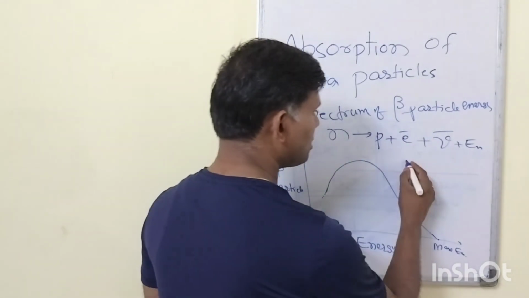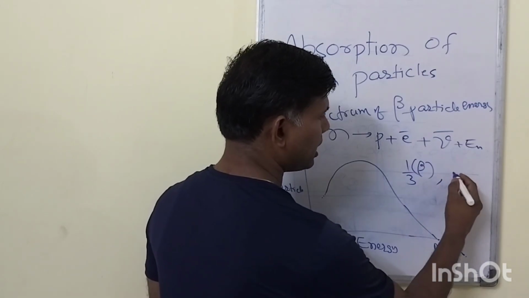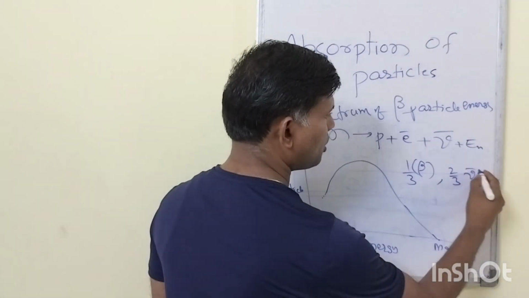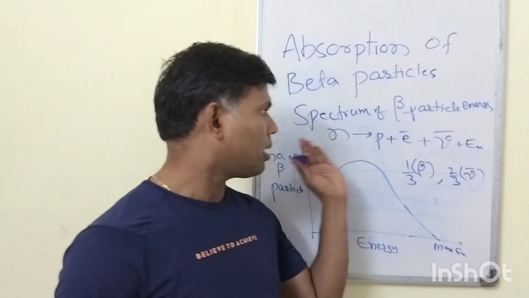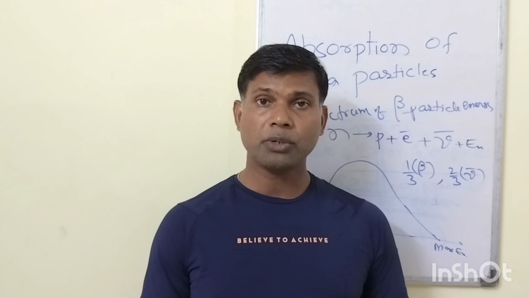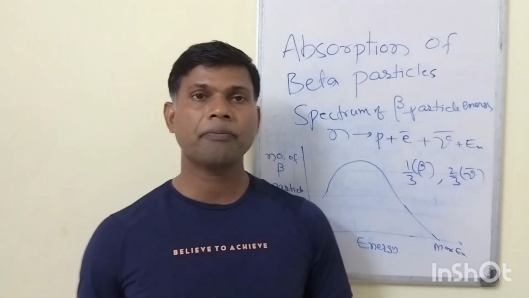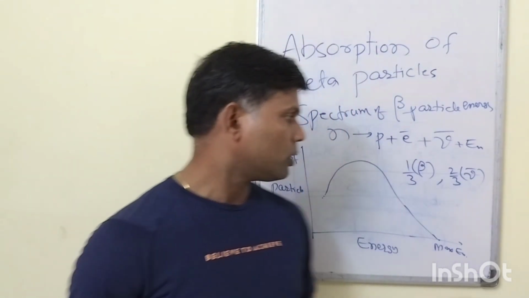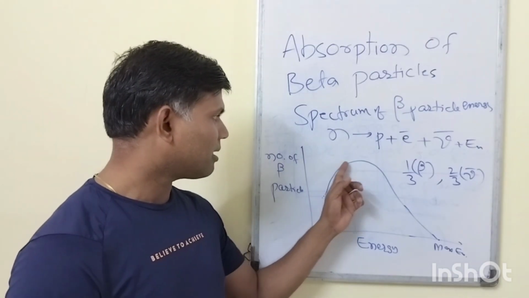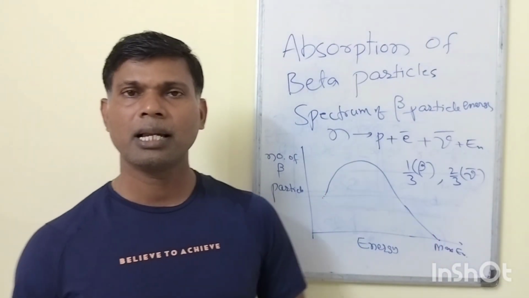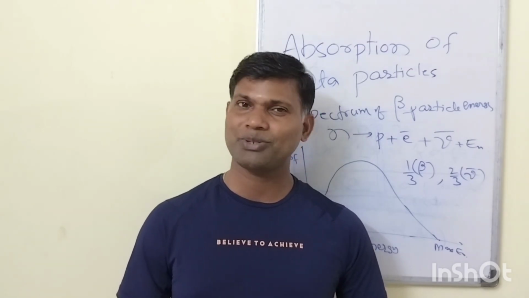Of the total energy, one third the beta particle will take, mostly 2/3 the antineutrino will take. This continuously varies. So that is the reason the beta particle has a spectrum of energy. I hope you understood.